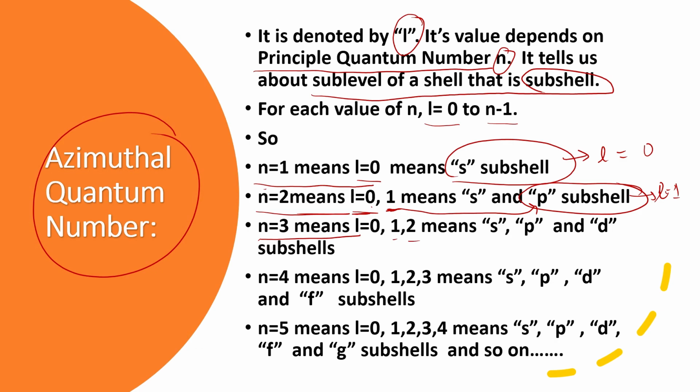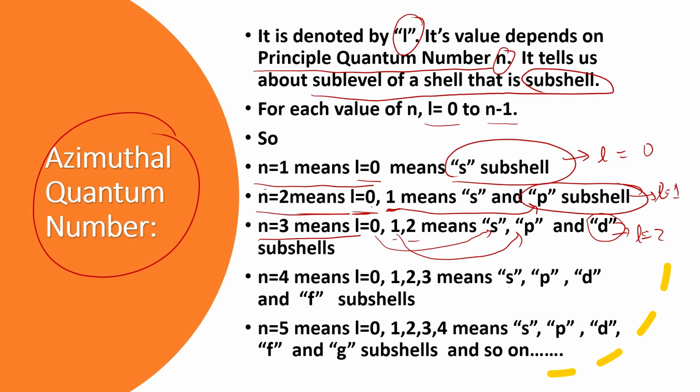We have seen s for 0 and p for l equal to 1, and d subshell means l equal to 2. Then n equal to 4 means 0 to n minus 1, so 0, 1, 2 and 3, because 4 minus 1 is 3. So there are 4 values: s, p, d and f subshells.